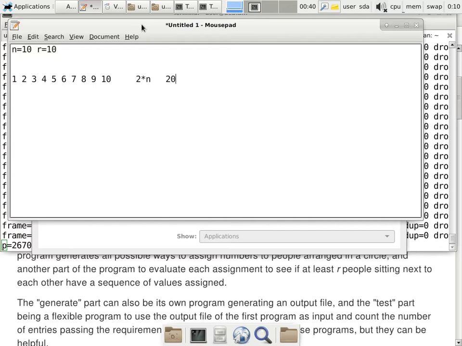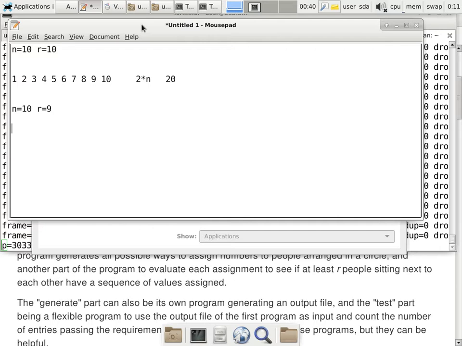Next one up is what if r equals 9? So n is still 10, and r this time is 9. It's asking what are the chances that we have at least 9 numbers in a circle in sequence out of 10 possible numbers.